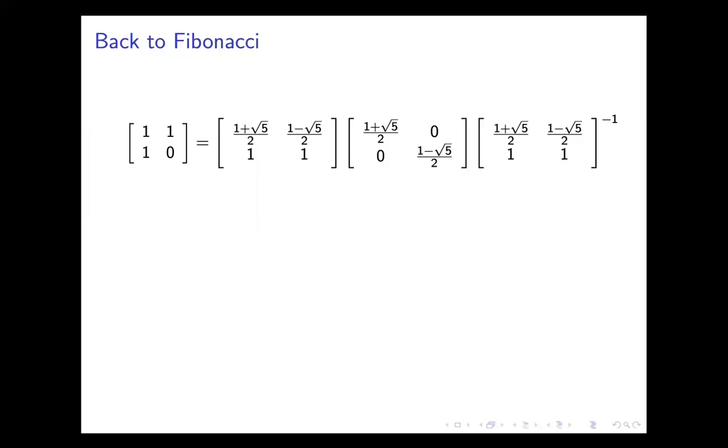So that's what it looks like: lambda plus and lambda minus on the diagonal of the matrix in the basis where it's diagonal. These are the eigenvalues. And as we discussed, in order to find the matrix in a different basis, we multiply by the matrix which changes the basis on the left and the inverse of that matrix on the right.